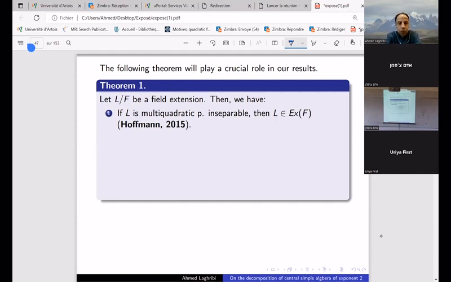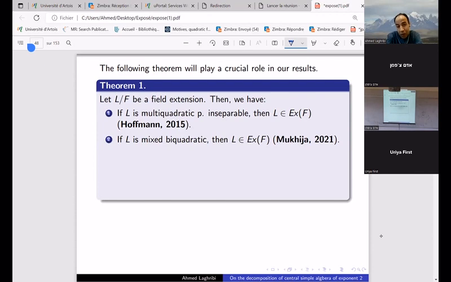Okay. And of course, when we see this result, we can naturally ask the question, what about multi-quadratic extensions of separability degree 2? So for the moment, we have just a small answer, but an important one.